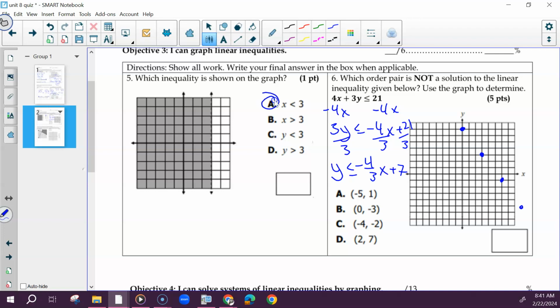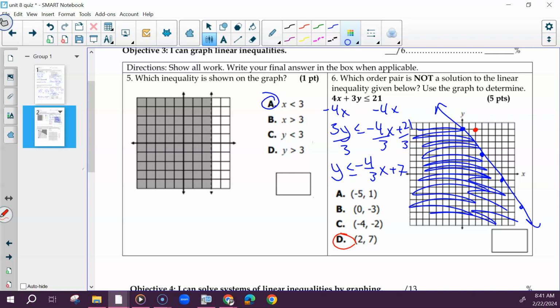This would be a solid line because of the equal to, and this would be shaded below because it's less than. Then you were looking for a point that was not a solution, so which one would not fall in the shaded area, and that was D. That was the only one that would not fall in that shaded area.